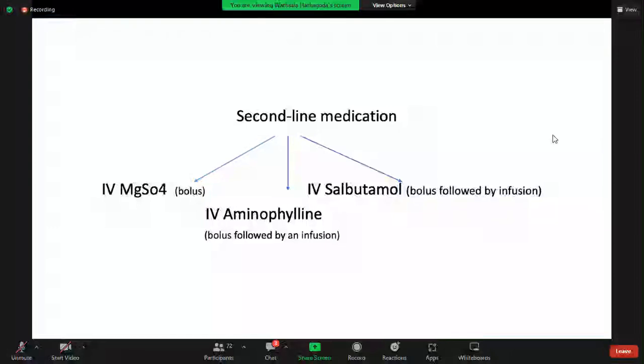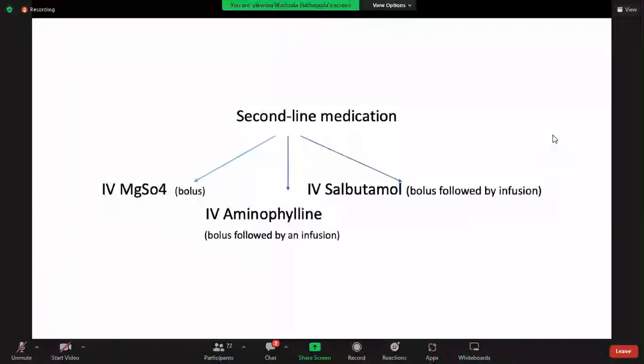So what's the problem with IV salbutamol? What are the side effects? Normally the expected side effects are increased sympathetic activity causing tachycardia and tremors, but it can also cause hypokalemia. Yes, salbutamol will shift extracellular potassium to intracellular.